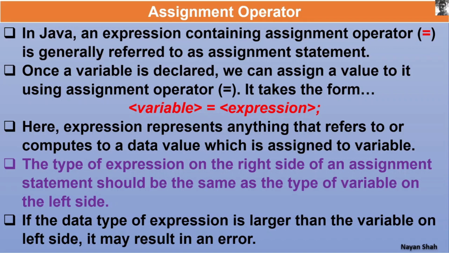Even for integer, if you say integer a, so variable a is declared as integer, and then you write a is equal to 8.7, which is again wrong, because integer cannot hold a number with a decimal point.